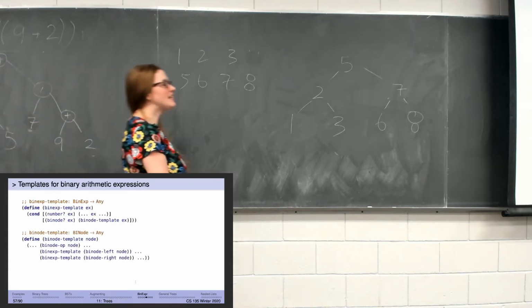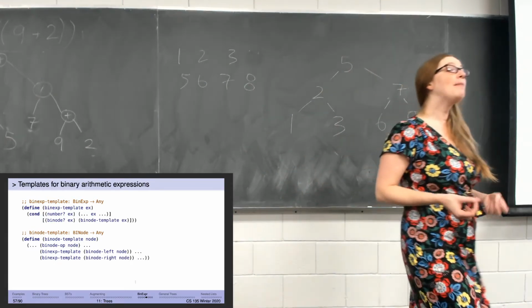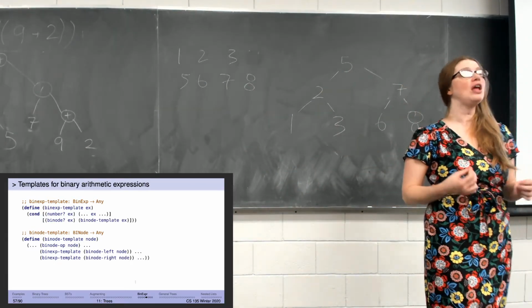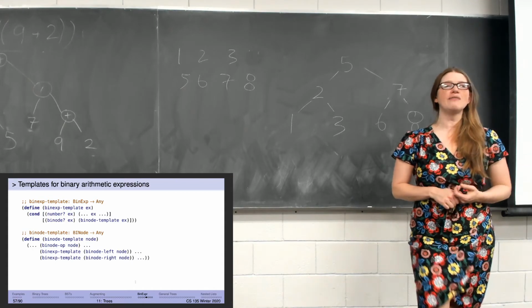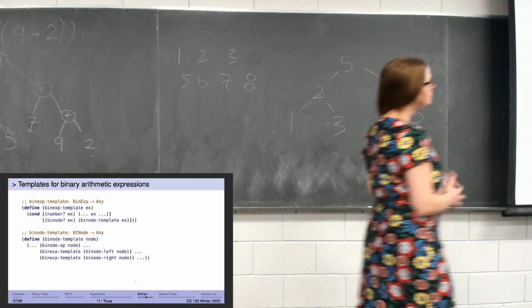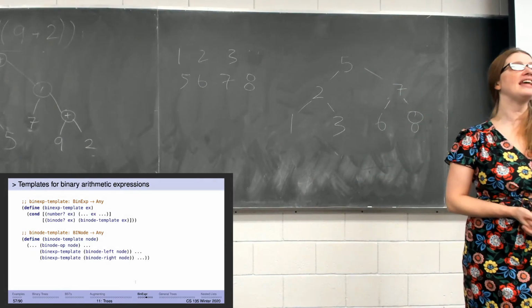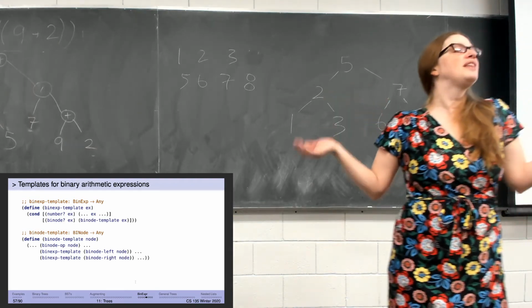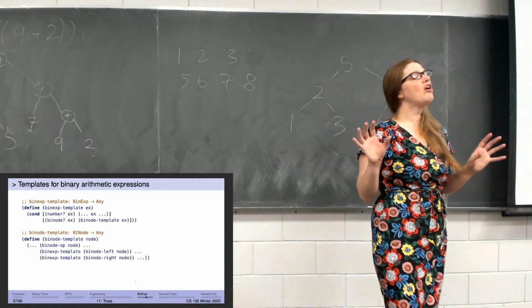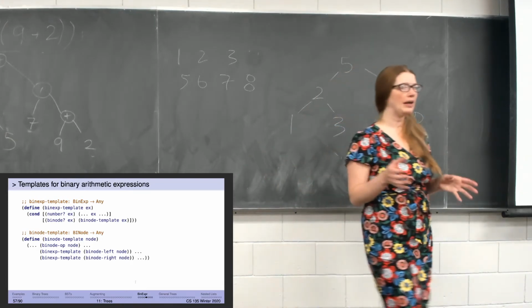Since we have a data definition, we need to actually create the templates for this. Remember that your template should follow the data definition. We have mutual recursion in the data definition, so we should anticipate mutual recursion in the template. Now, if the expression is a number, we're going to do something with it. You'll note that we're not calling a function on the number because it's just a number. It's boring.